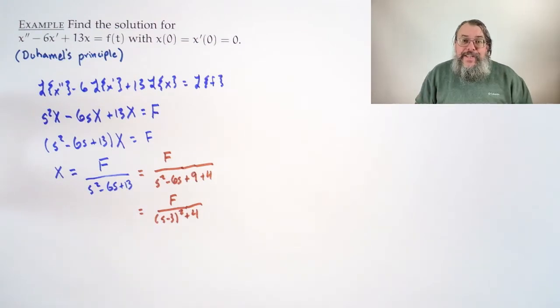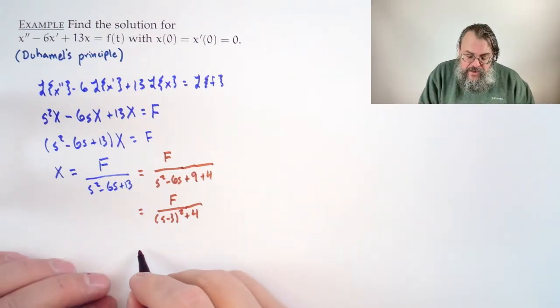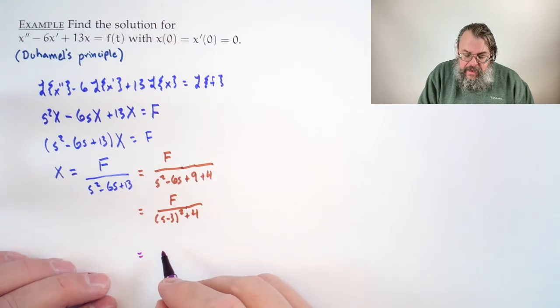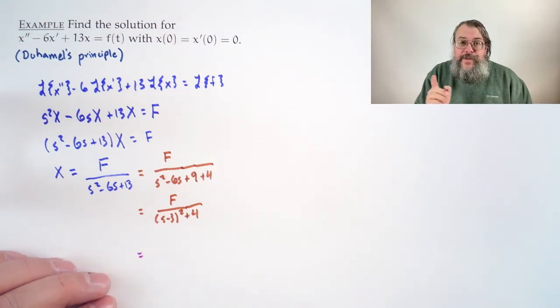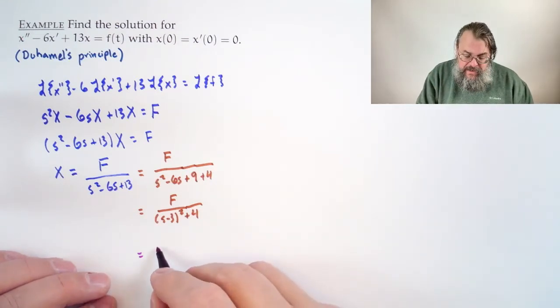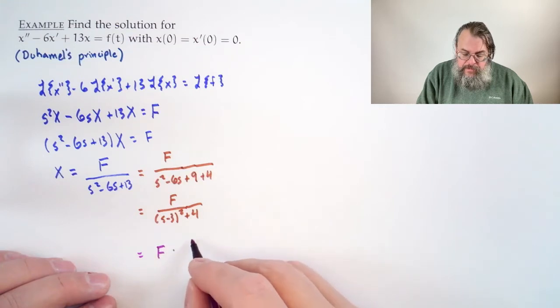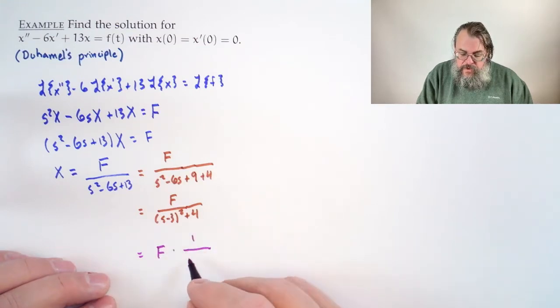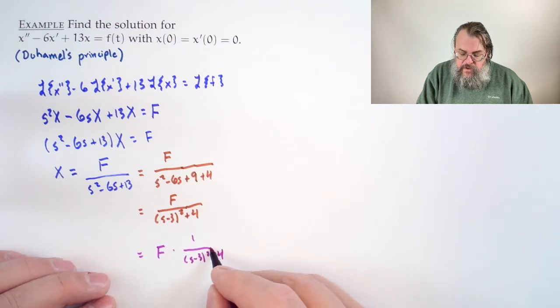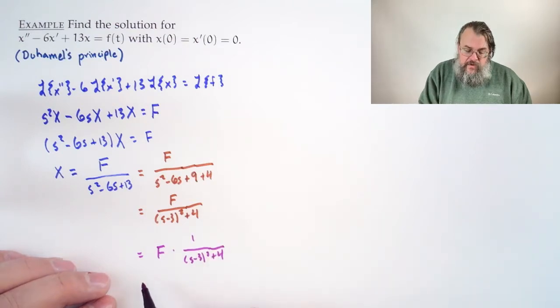And we actually know how to take the inverse Laplace of that, right? So in other words, think of this as a product of two things, namely as F times 1 over s minus 3 squared plus 4. And so we have our capital F, and we're thinking this as capital G.